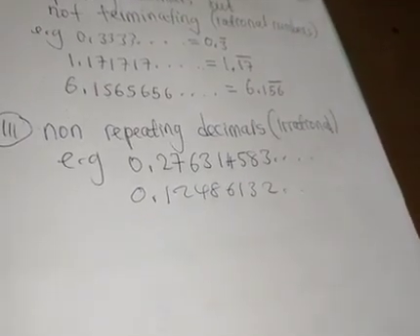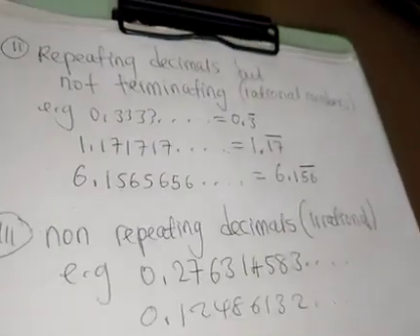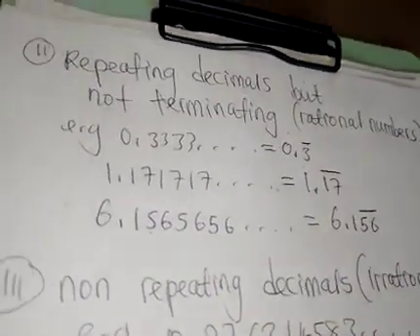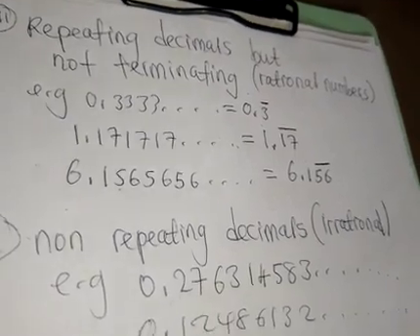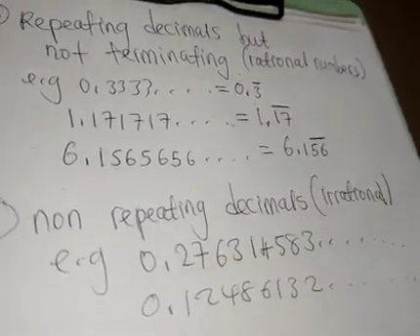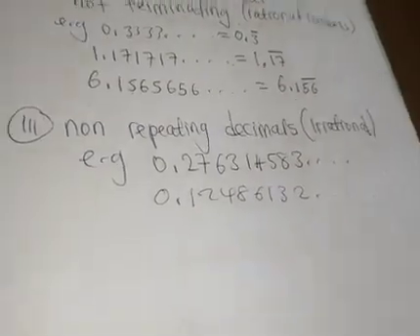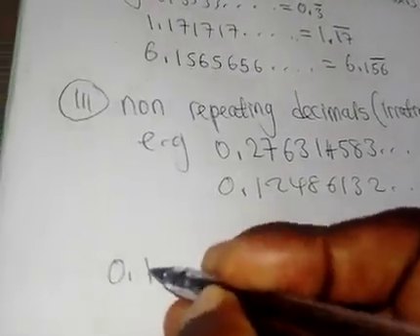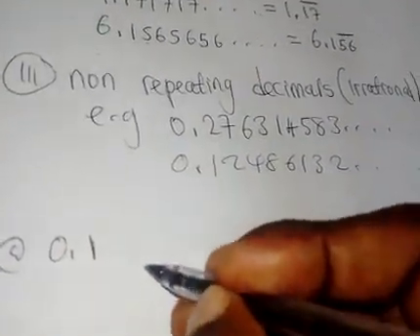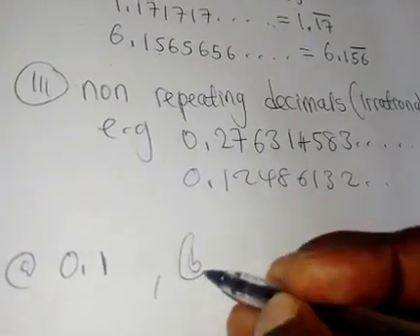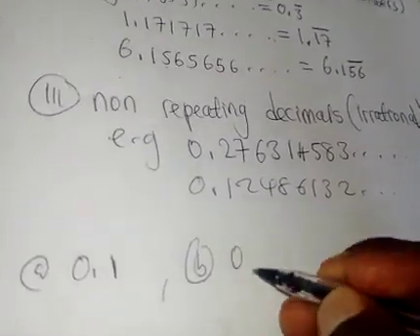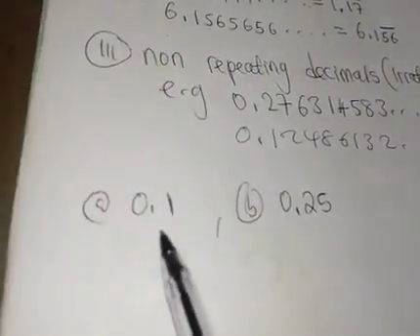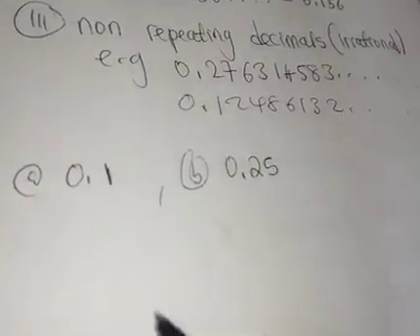Okay, so we should know how to convert these repeating decimals, which are not terminating, rational numbers, into the form A over B. So we know that if you have been given, let's say, 0.1, the first one, and second, let's say 0.25, then convert these decimals into fractions.